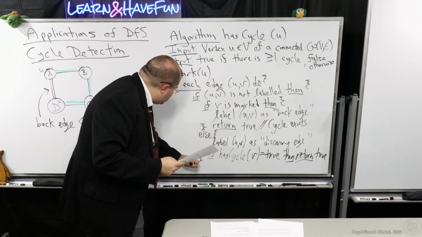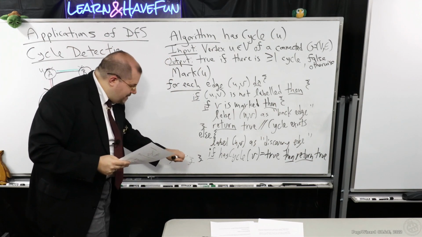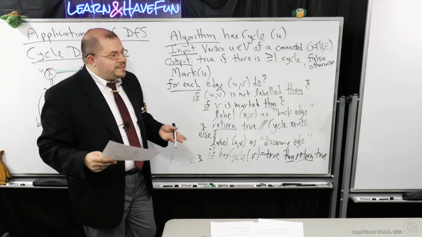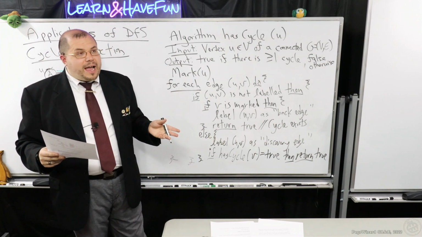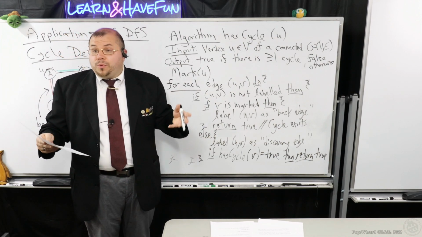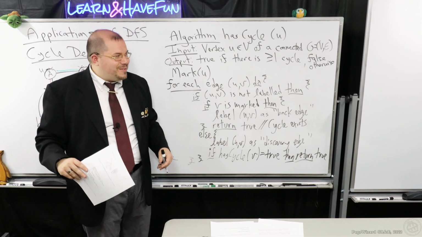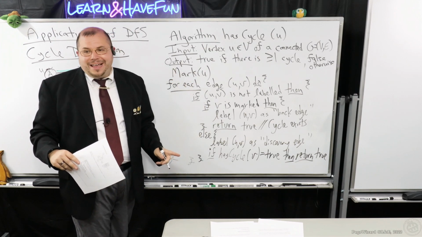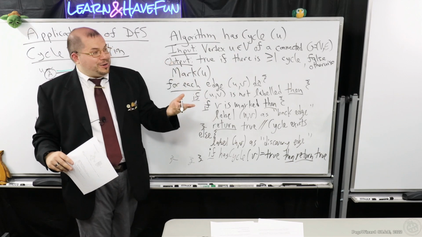But after the loop, this is the part that really matters. How do we know we don't have a cycle? Well, that means that I had to have examined all of my incident edges and I didn't find any more options but to say I didn't find a cycle. But I will not know this until I've examined all of my incident edges to see if I've encountered an opposing endpoint that is already marked.